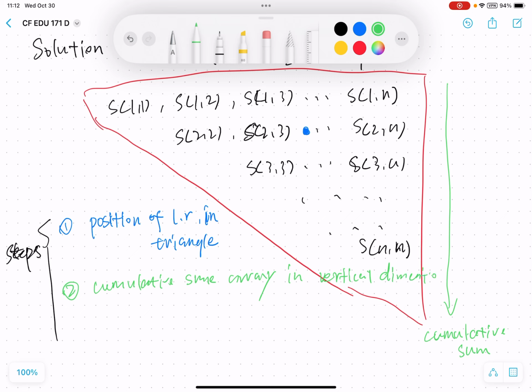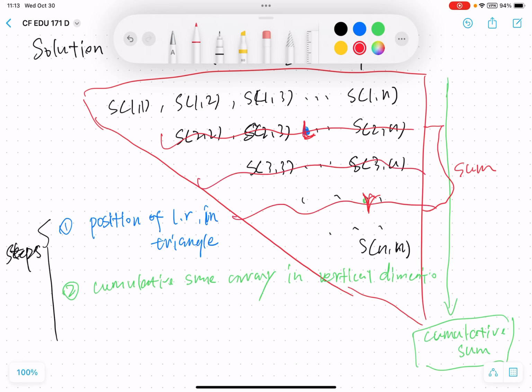After we calculate the cumulative sum array, this is an intermediate array. After we know which line L and R are in, we can calculate the sum. For example, this will be L and this will be R. This is the position of L and R. Then we can calculate the sum of this line, and get the sum of this value.